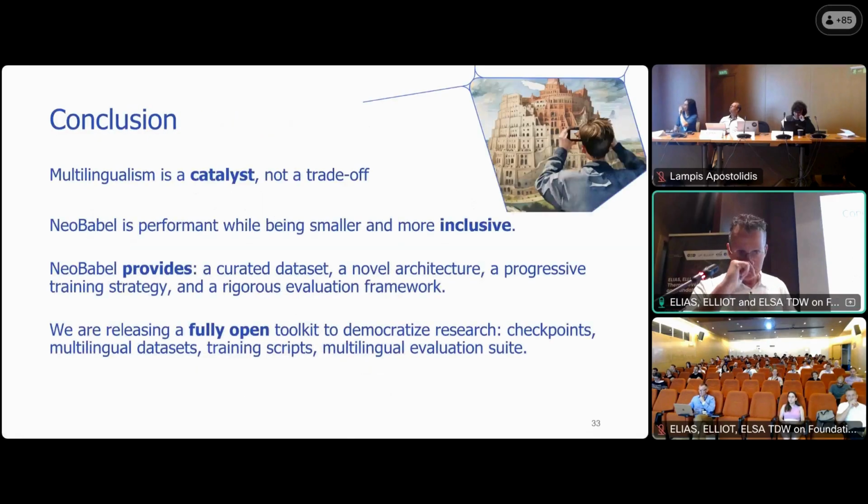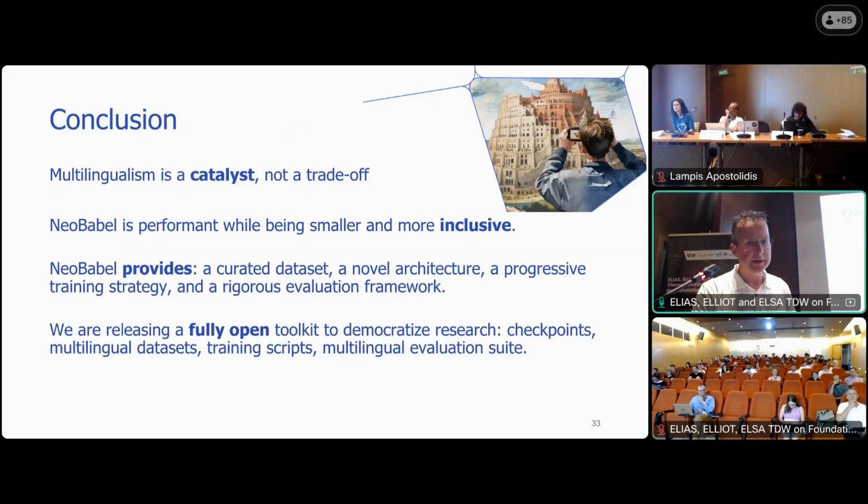Okay, final words. Multilingualism here is a catalyst and not a trade-off in which you lose performance. It actually enhances performance, so it is a worthwhile thing to do. We have a performant text-to-image generation model while being smaller and much more inclusive than existing work.